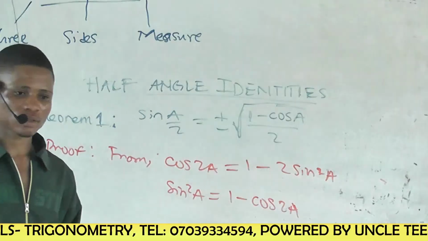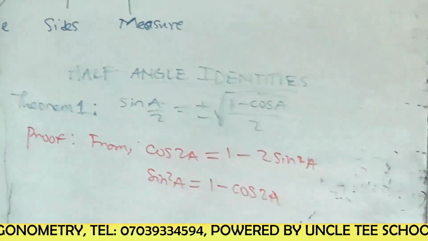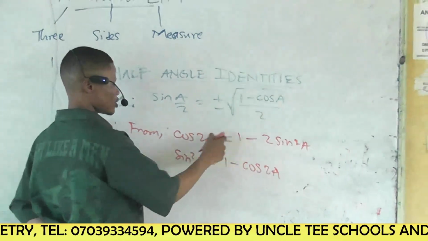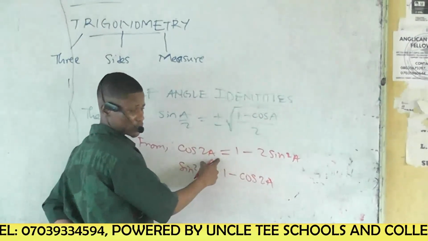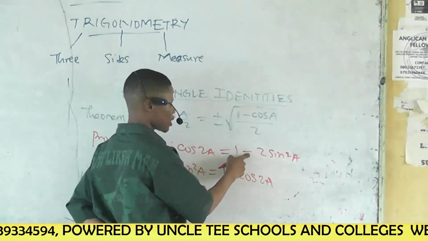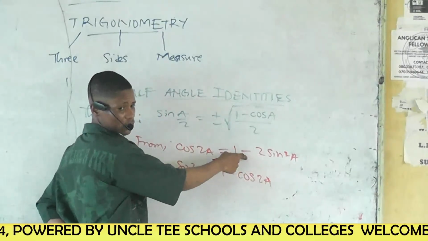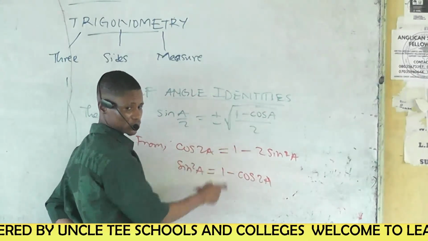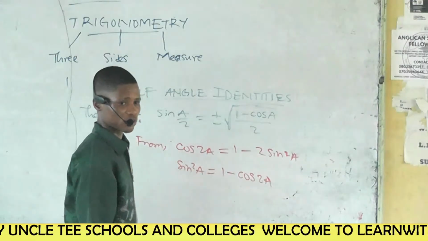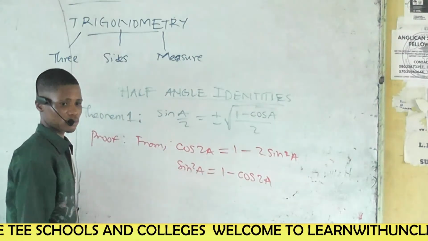Do you get it? If you take this to this side, it will be minus, right? But this one, we have a minus here. You use that minus to open this one. Or you divide through by minus.